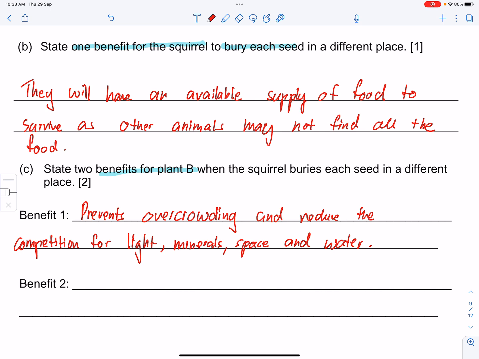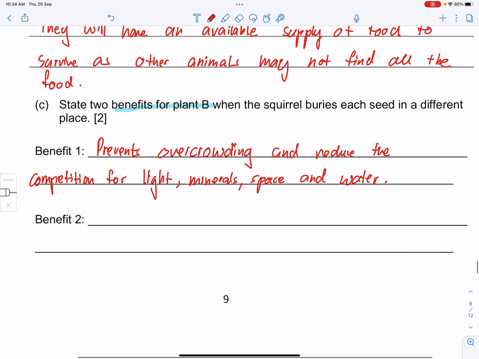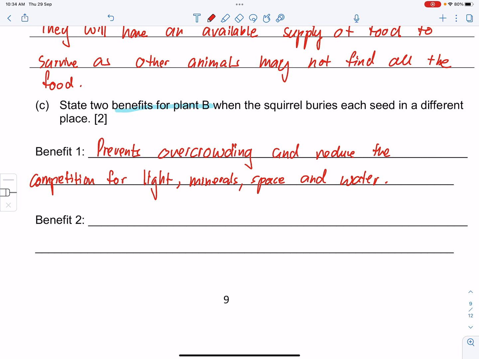But instead of putting it in that one area, you spread it around. There will be a chance that this particular seed will go into an environment that is suitable for germination, and there are no animals that like to eat the seeds. That is the meaning of it. Just in case you're wondering what the difference is.